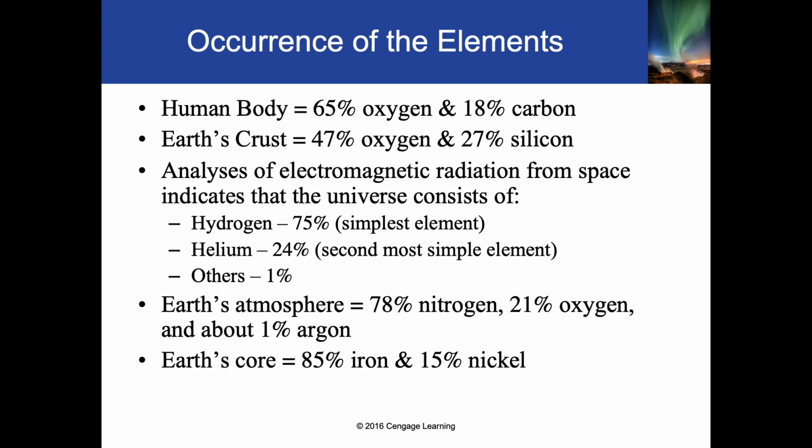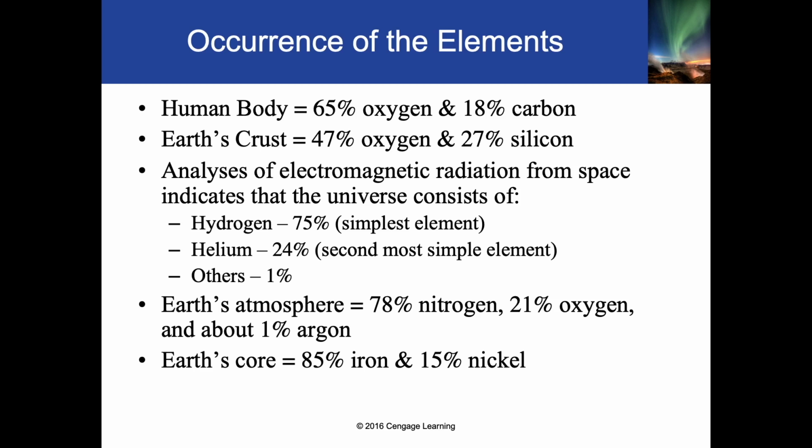So analyses of electromagnetic radiation from space indicate what the universe consists of. The way they did this is with those emission line spectra we did from last chapter. They found that the universe consists of hydrogen at 75%, helium at 24%, and 1% others.